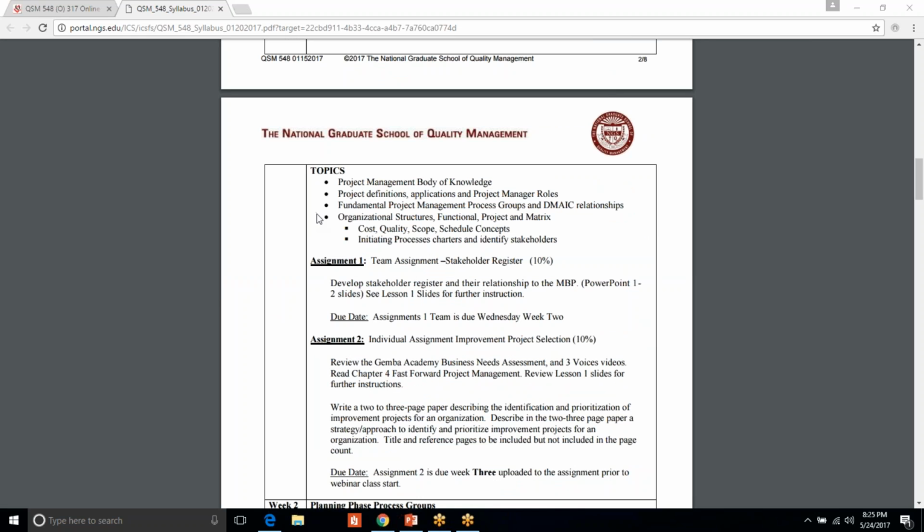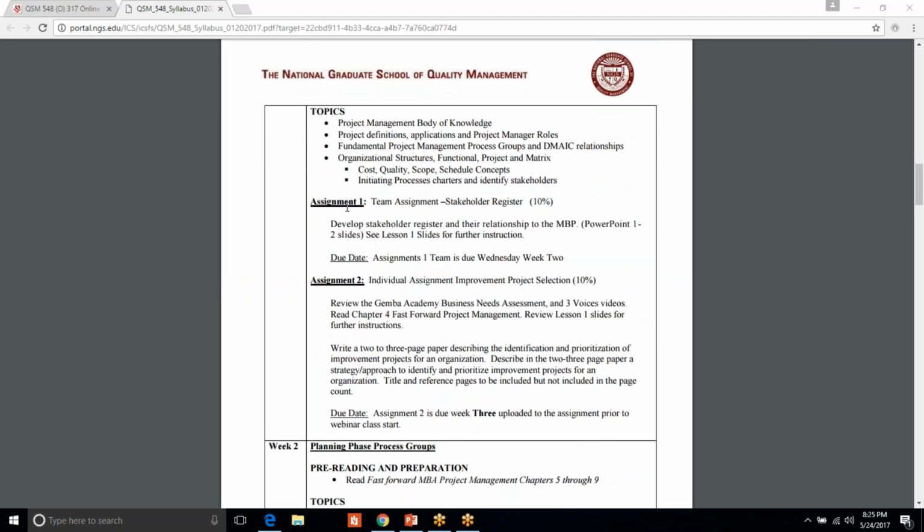As you look through the syllabus, you'll see each assignment is listed, whether it's a team assignment or an individual assignment, what the assignment is, and I ask you to stay to the assignment, with the due dates. For example, assignment 1, the team assignment, stakeholder register, is due before the start of class next week.